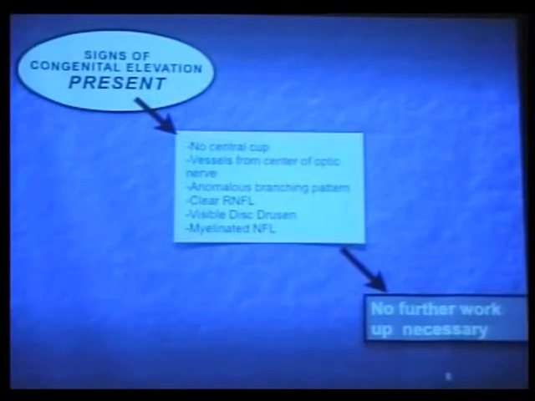What I do in my office is I send the patient for a fundus photograph, and I make a copy for the patient, and I give the patient the copy to take with them. And I say, if this ever comes up again, just take this picture out and say, do my optic nerves look any different than they looked in this photograph, which was taken 10 years ago?